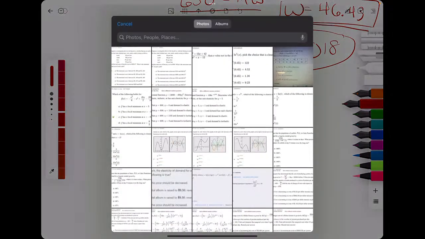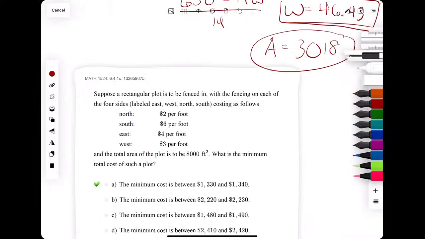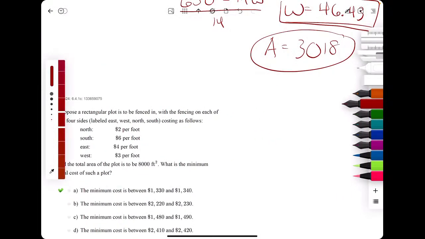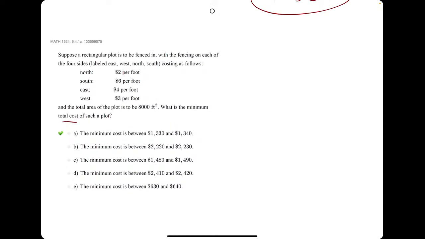So this is one example. I won't work through the next example, the different version, but I will talk through essentially how to set it up. In this case, because we're looking for minimum cost, we want the cost equation, which again comes from adding these two times L and then adding these two times W. 2 plus 6 is 8L plus 3 plus 4, 4 plus 3 is 7W.